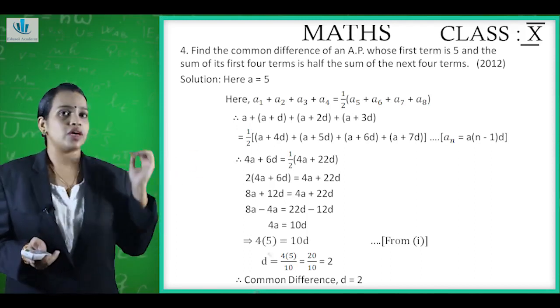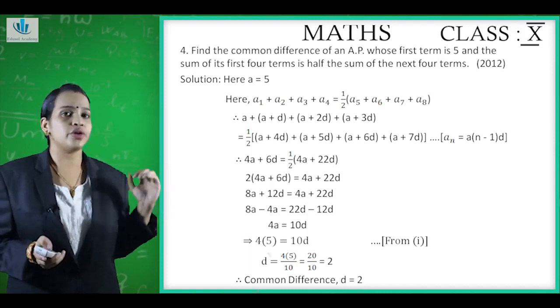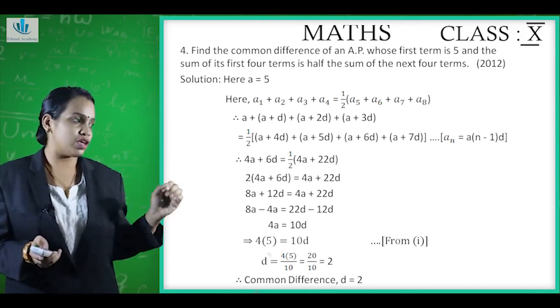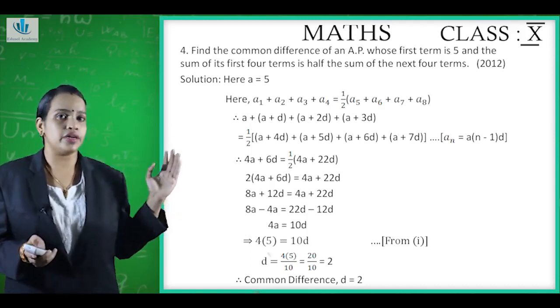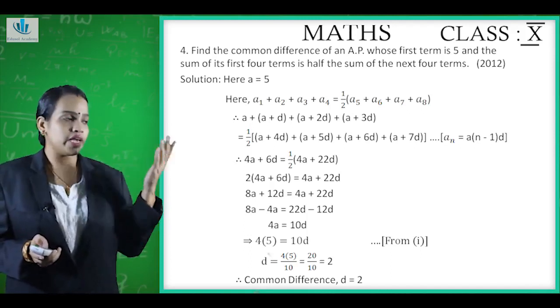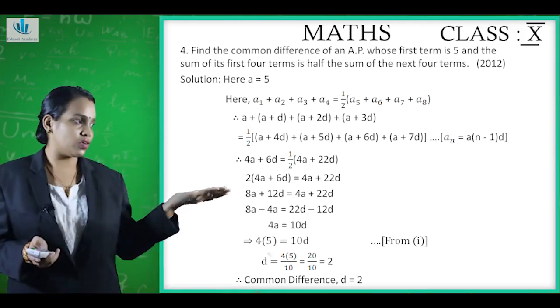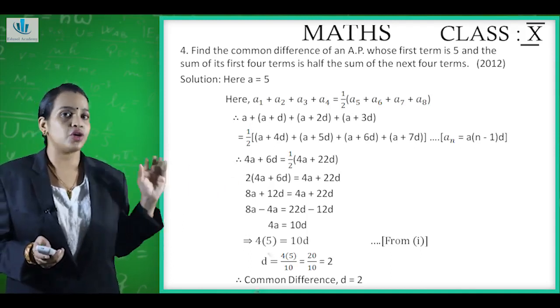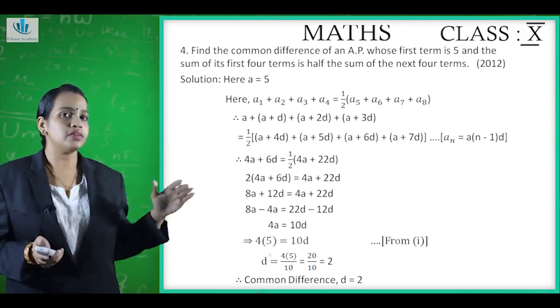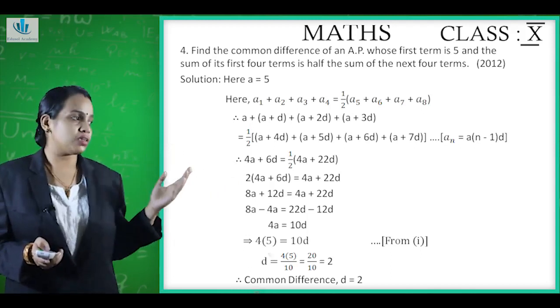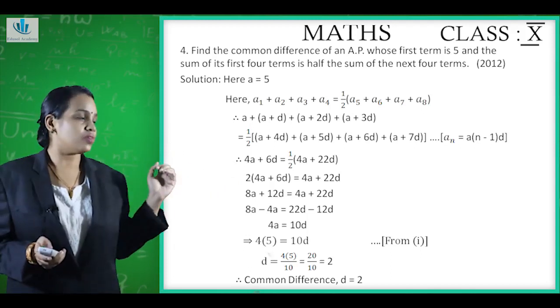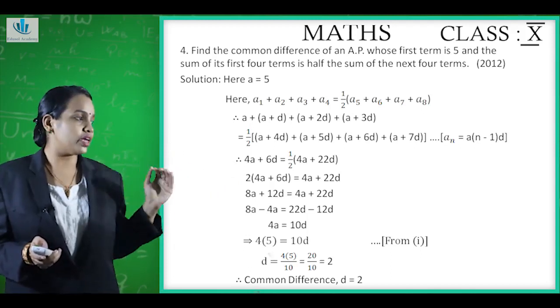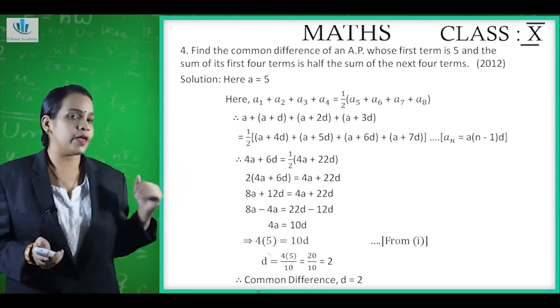When we take the 2 to the other side, it becomes 2 into (4A plus 6D), which is equal to 4A plus 22D. Now we will take A on one side and D on the other side, so it becomes 8A minus 4A, which is equal to 22D minus 12D. So 8A minus 4A is 4A, which is equal to 22D minus 12D, it is 10D.